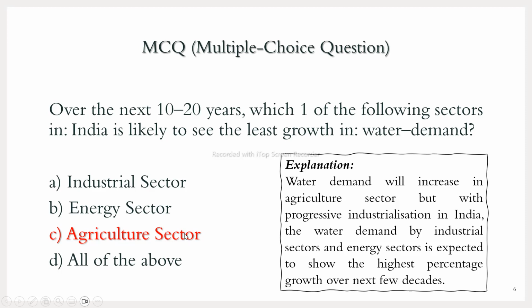So the growth in these sectors will be more than the agricultural sector, but growth will be there in all the sectors because population is expanding and the demand for food, industrial product, and energy, all three, is increasing. Okay, so I think you have got the answer. C, agricultural sector will be the correct answer. Okay, so let's go to the next section.